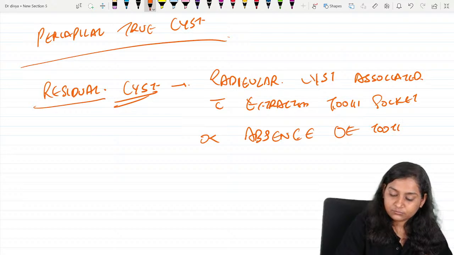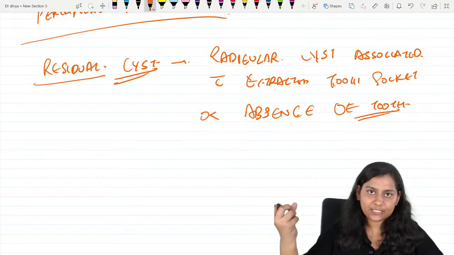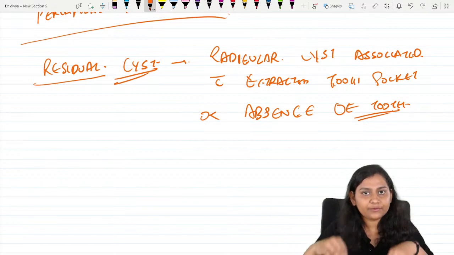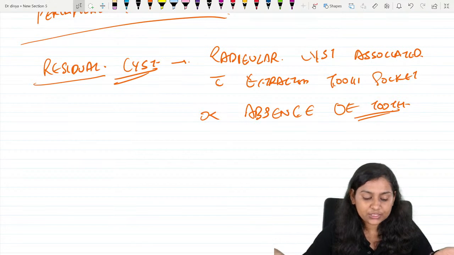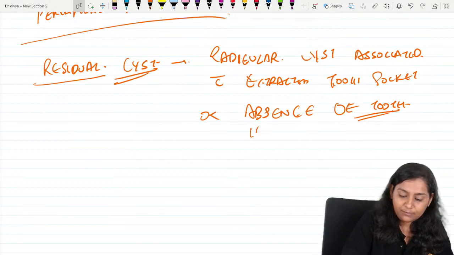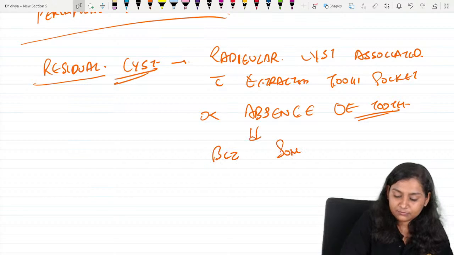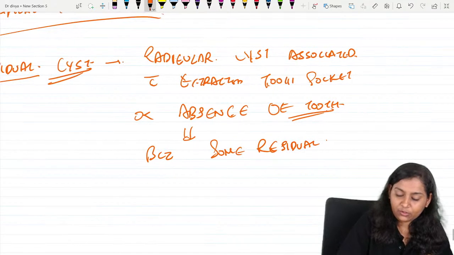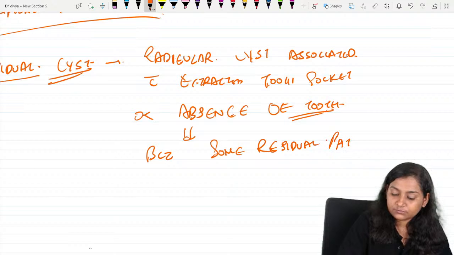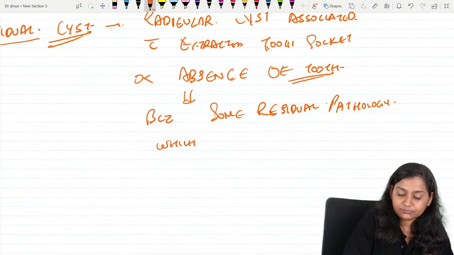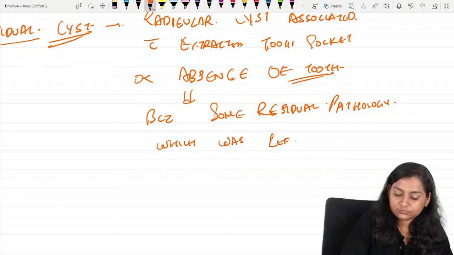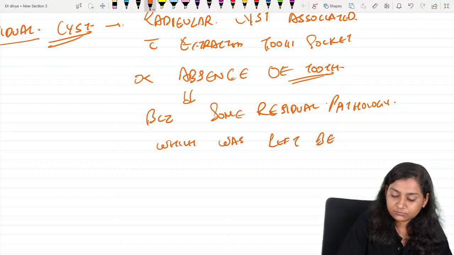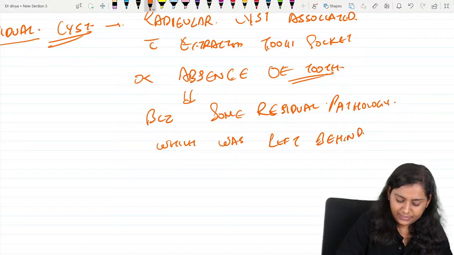Now when the tooth was extracted, some residual pathology still remained inside, leading to the formation of the cyst. This is called a residual cyst because some residual pathology was left behind and later developed into a cyst.